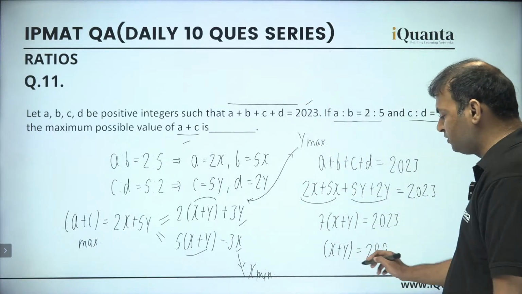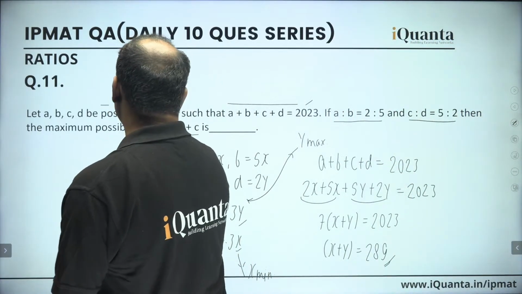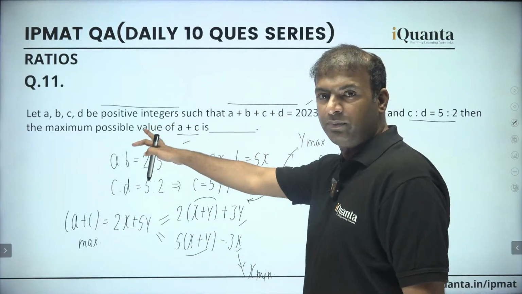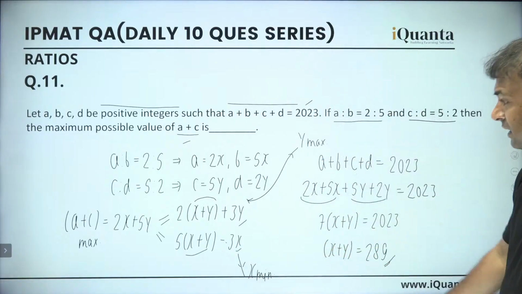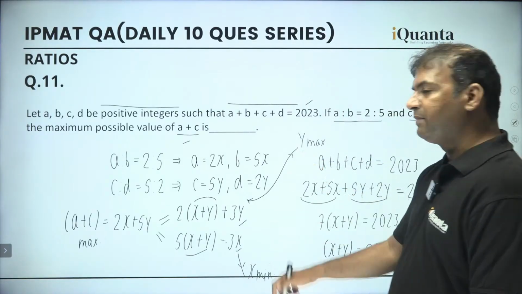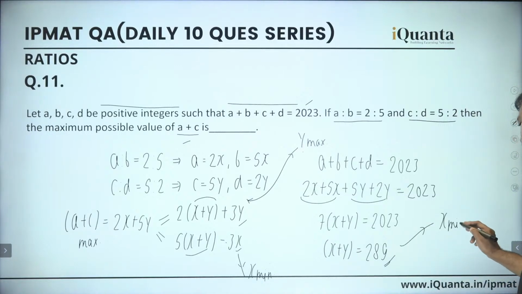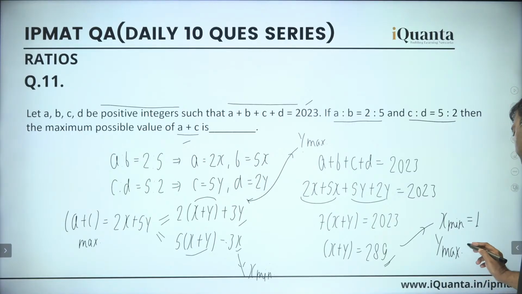Since we know x plus y is 289, and guys, we are given that A, B, C, D should be natural numbers only. This is a condition we have. So that will actually help us because x and y can only be natural numbers. And either we have to find x minimum or y maximum. So by the help of this, we can say that x minimum can be 1 and y maximum must be 288 from here.